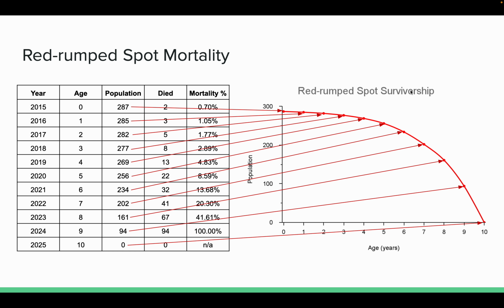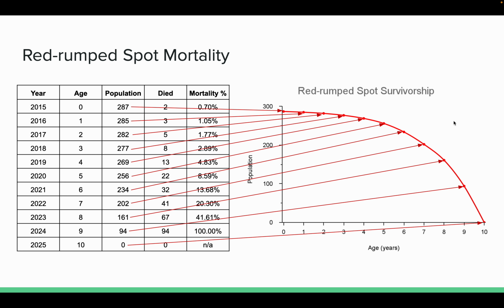Alright, so that is our red-rumped spot cohort survival chart, and we've got a survivorship curve here. So we've got the life cohort table and the survivorship curve that is produced from the values that we have in this table. So that's the red-rumped spot. We've got quite high survival to begin with, and then it drops off near the end.